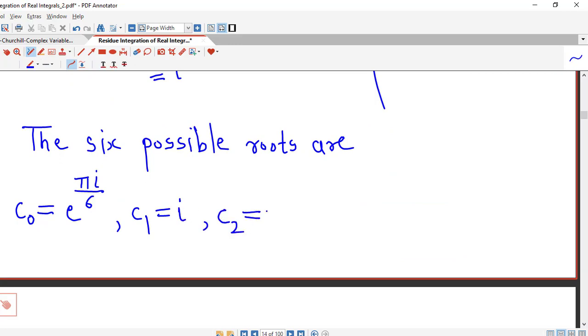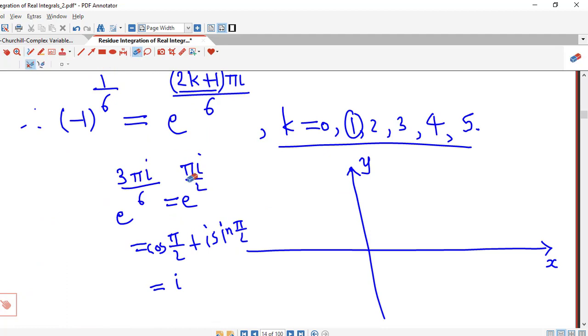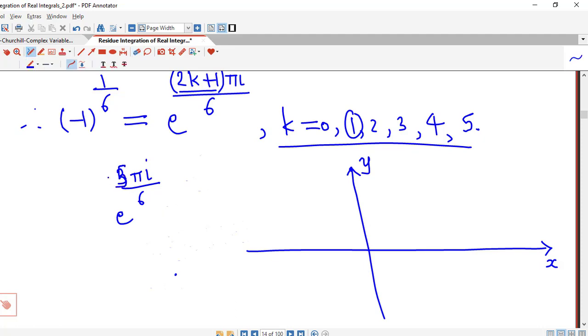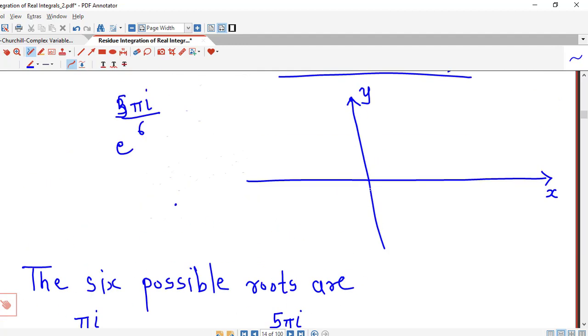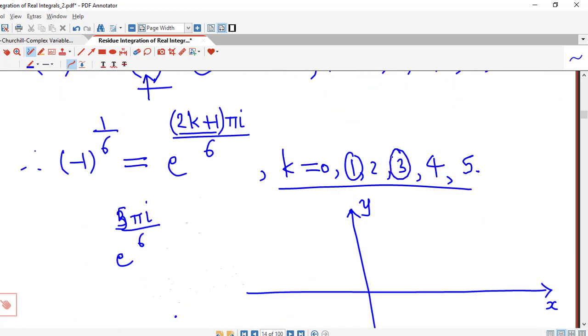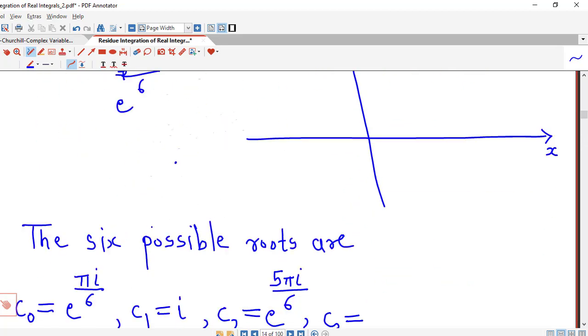Then we put k equal to 2 and we find out what we obtain. So for k equal to 2, this is going to be 2 into 2 plus 1, that is, this will be 5 pi i by 6. So e raised to 5 pi i by 6. Then C3 means k equal to 3. The root corresponding to k equal to 3 will be 3 into 2, 6 plus 1, 7 pi i by 6.